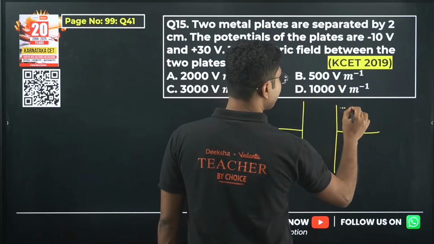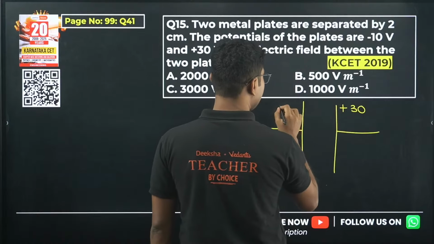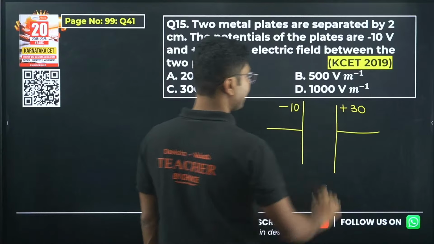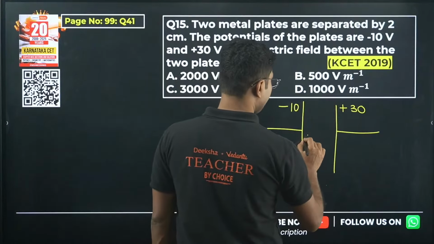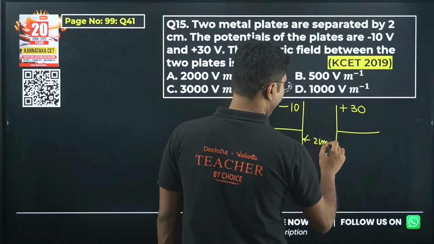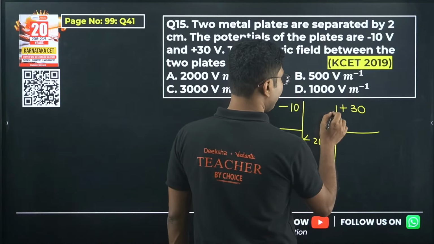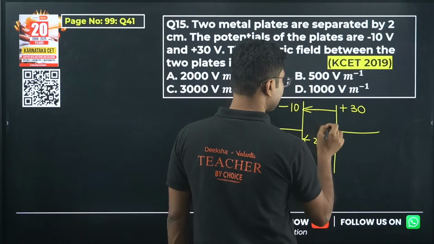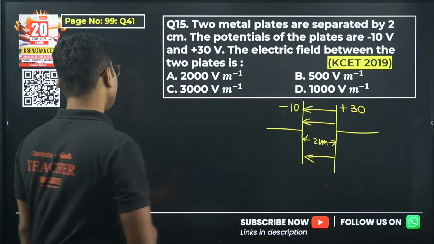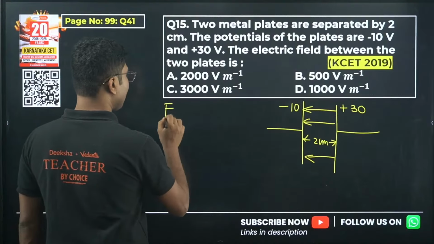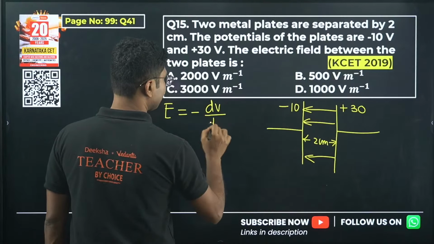So one of them is minus 10 and one of them is plus 30, and the distance between them is 2 centimeters. So what is the electric field between the plates? Electric field is from positive to negative, and we will use the same formula, E equals minus dV by dx.